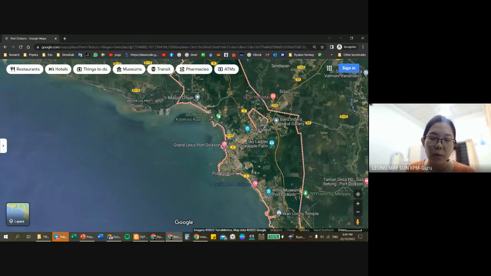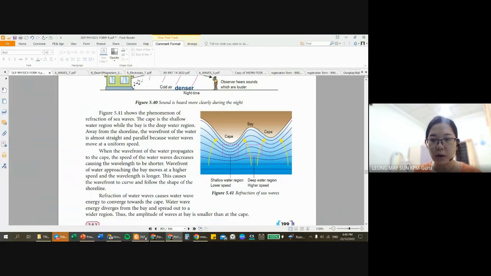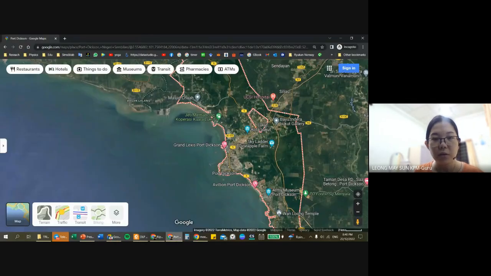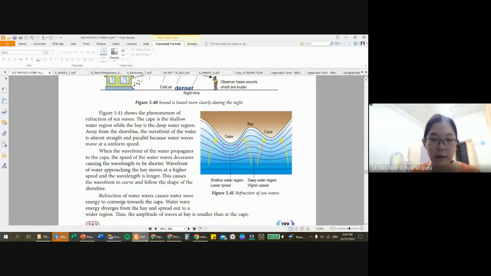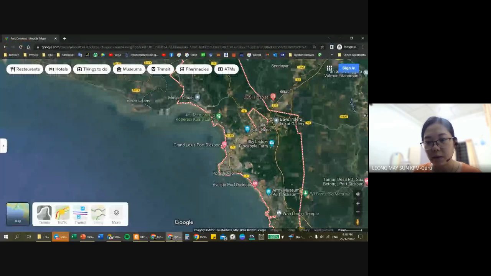What we are going to talk about is the Cape and the Bay. As a physics student, in terms of refraction of waves, you need to know which is the Cape and which is the Bay. The Bay is the curving part here, and the one that comes out is the Cape. Sometimes I confuse myself also.